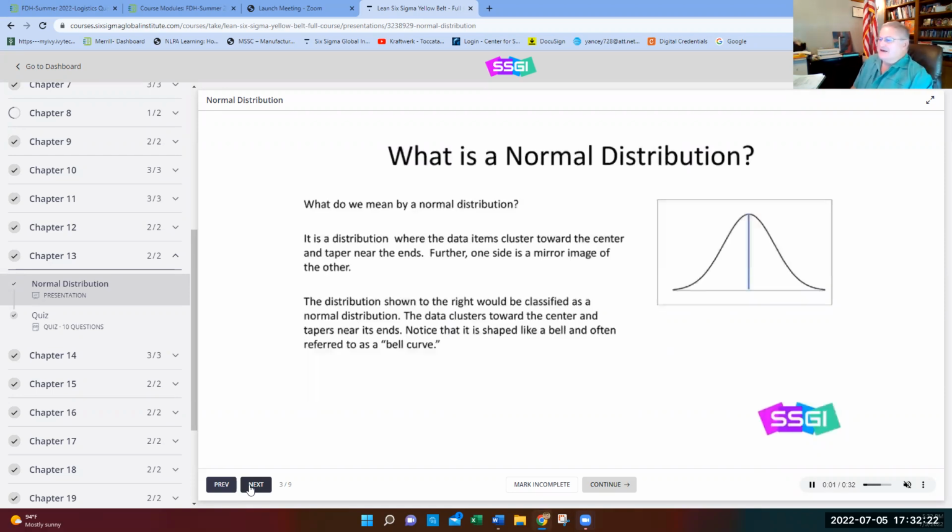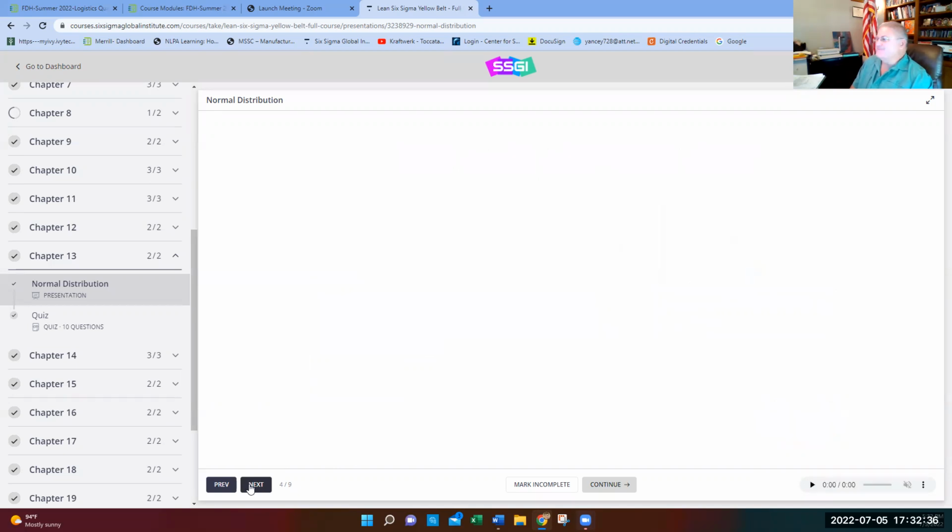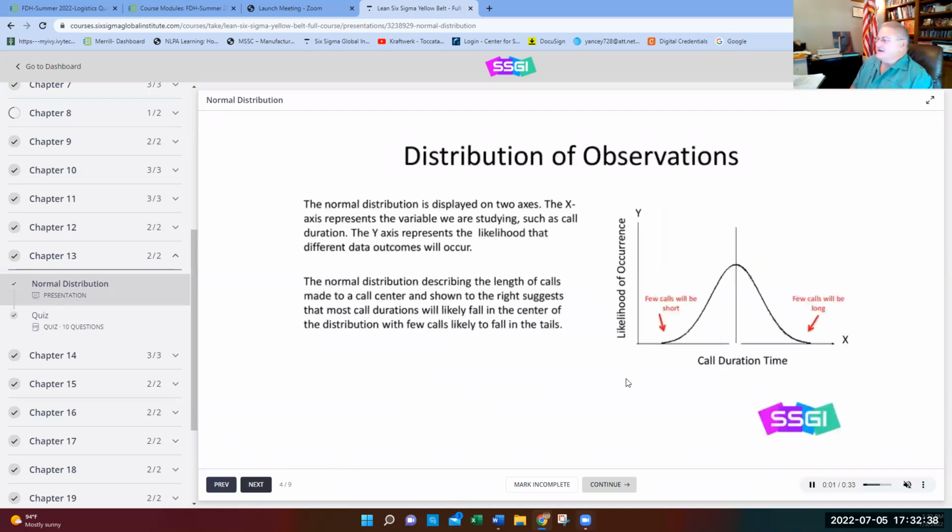I'm not going to try to teach this better than the guy who wrote the class, but all of the activities or data that you're collecting stay within this bell curve. The likelihood of occurrence is somewhere within the top of that and the bottom of it.